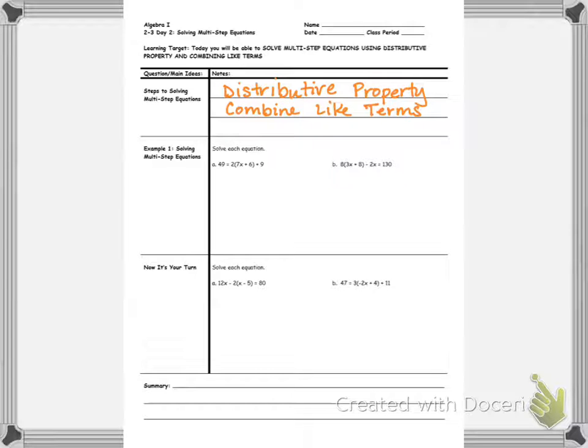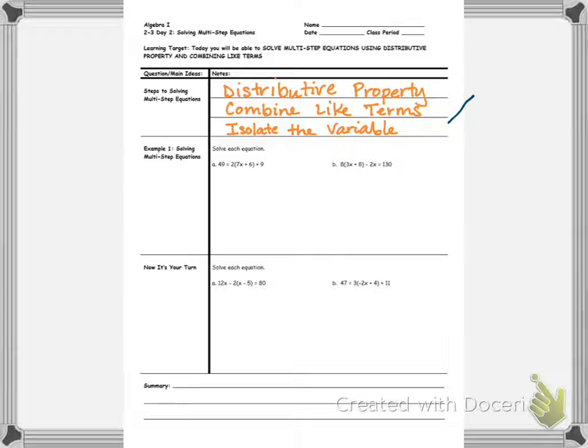And then once you did the distributive property and combined your like terms, you should now be in a situation where you are able to solve a two-step equation and isolate the variable. Okay, and when we are isolating the variable, there are just some little tidbits right here.